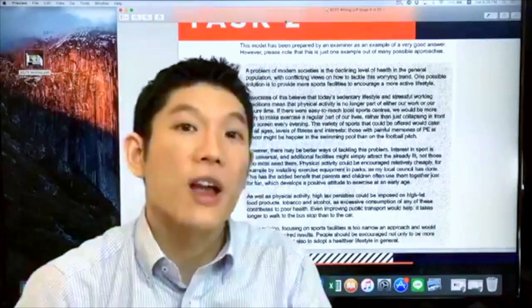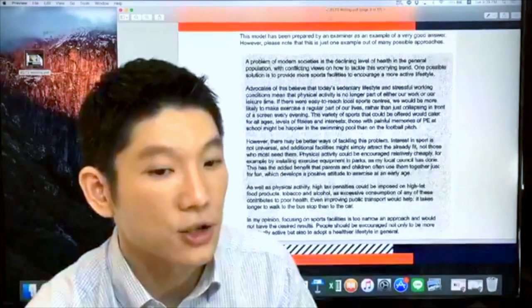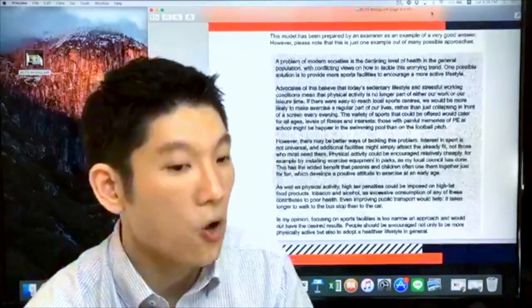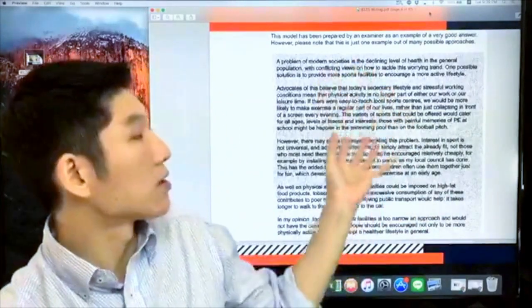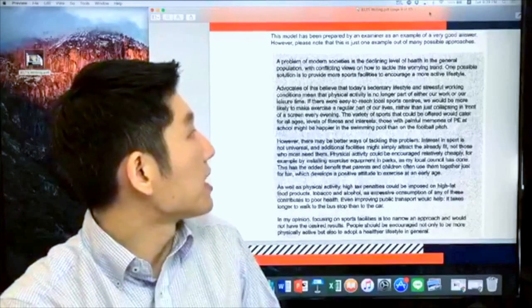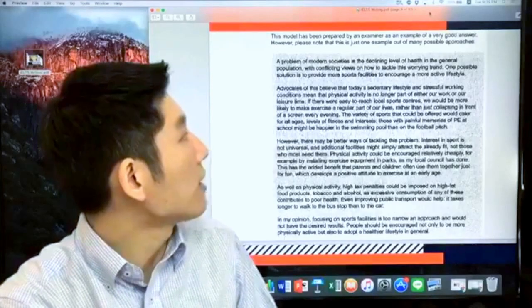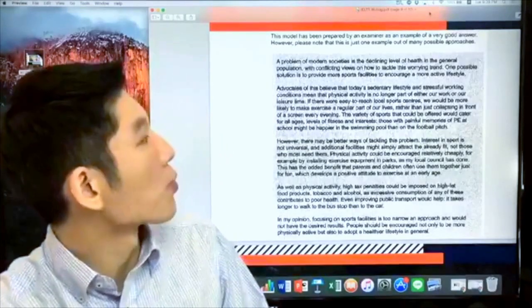And we're not going to go over every part of this essay. I'm not going to read the entire essay to you. You can do this at home. But let's see the structure. A problem of modern society is the declining level of health in the general population with conflicting views on how to tackle this worrying trend.